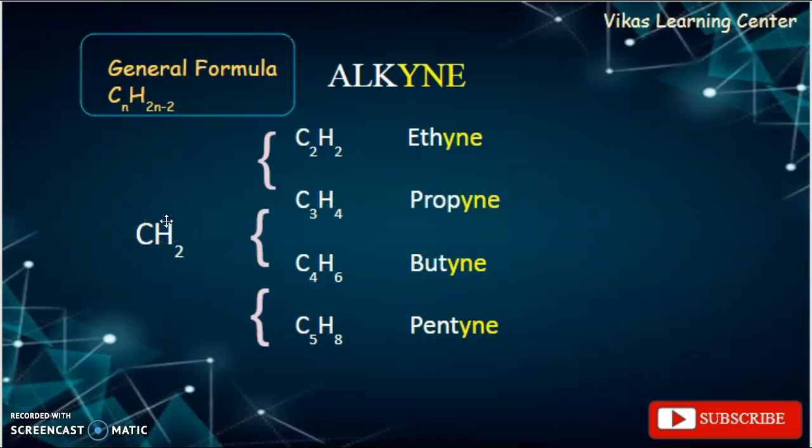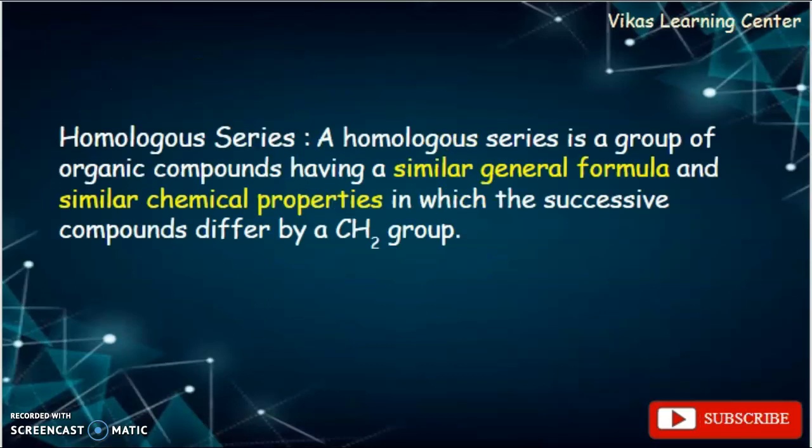Even the same works with the second and the third member of alkyne, and the third and fourth member of alkyne as well. So we can conclude that in the series of alkane, alkene and alkyne, the consecutive members differ by a CH2 group, and this series is called a homologous series.